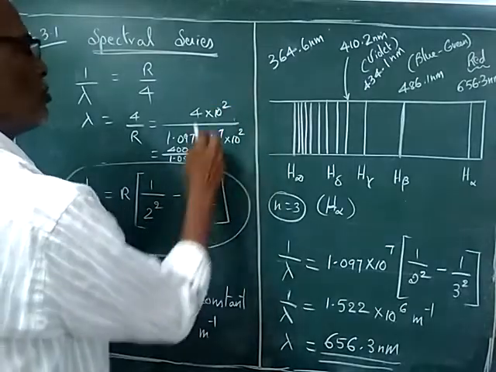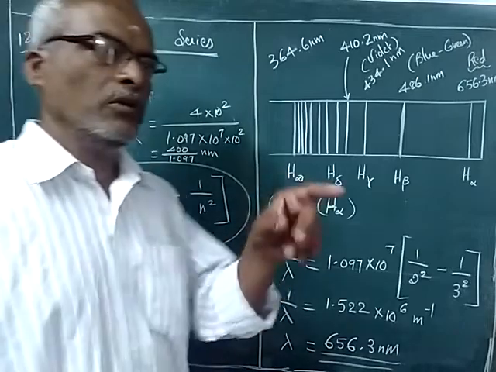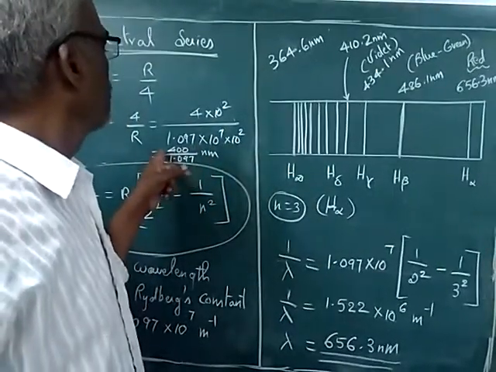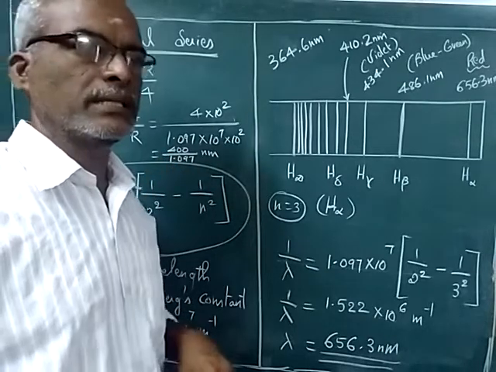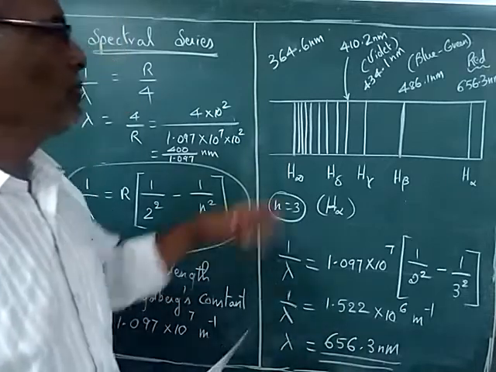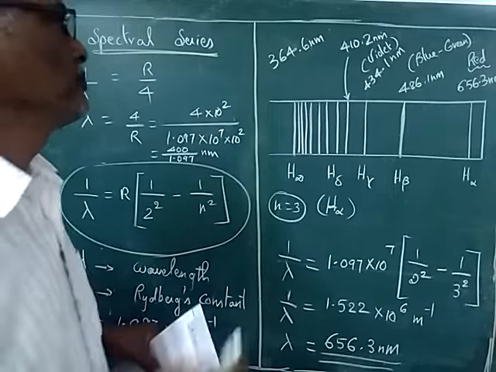When this goes to the numerator, it will get nanometer. So just calculate, students, please listen. Just calculate 400 divided by 1.097. Tell me the answer. It should be 364.6 nanometer.